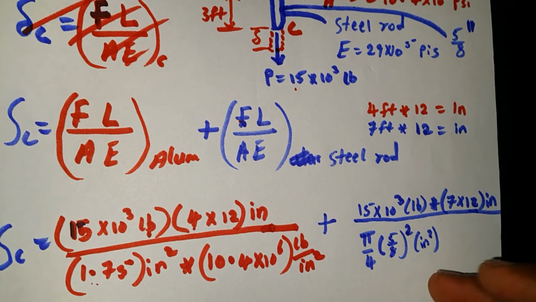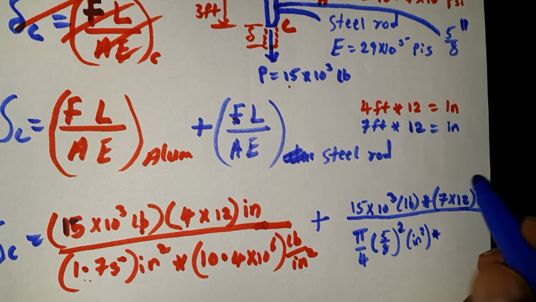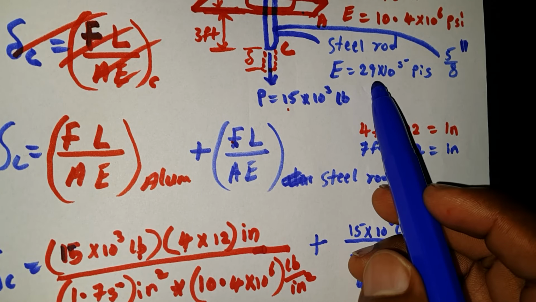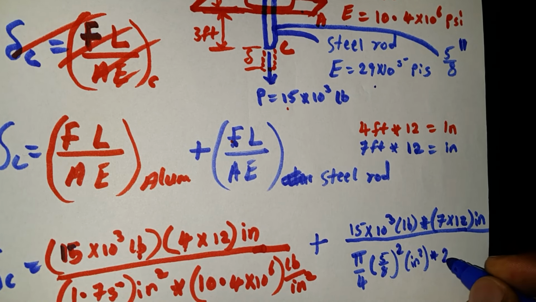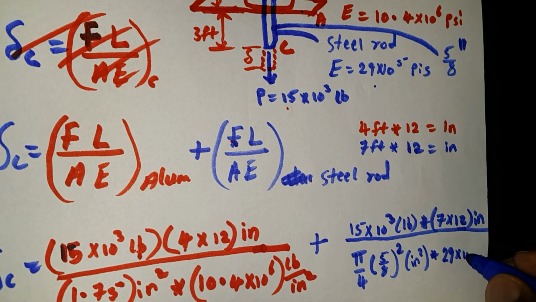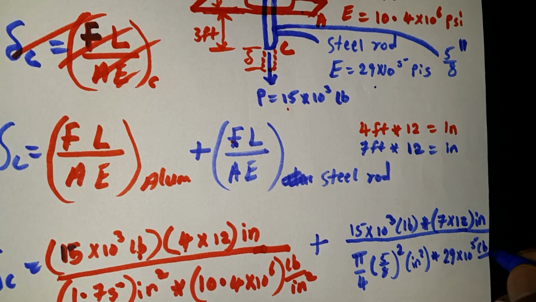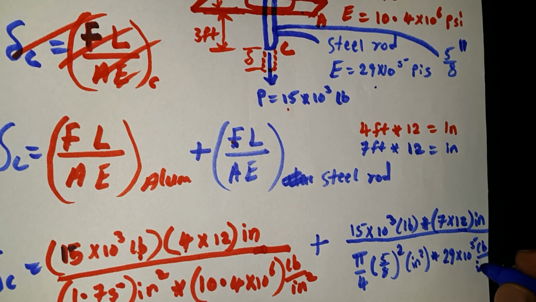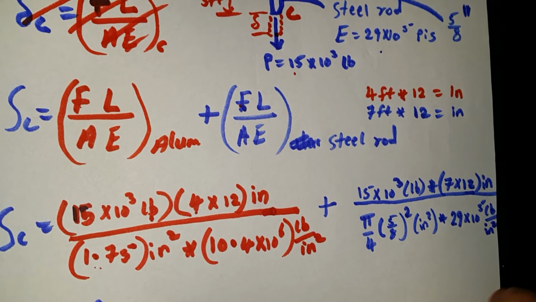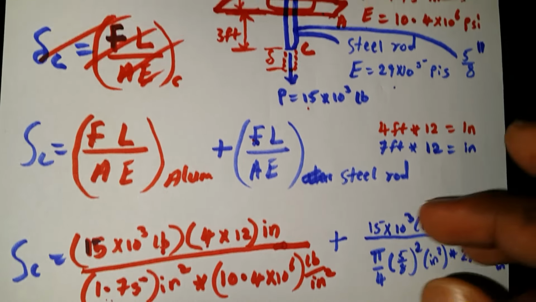Okay, the area multiplied by the Young modulus, which is given here, which is 29 times 10 to the 5 lb over inch squared. So now we've analyzed both.